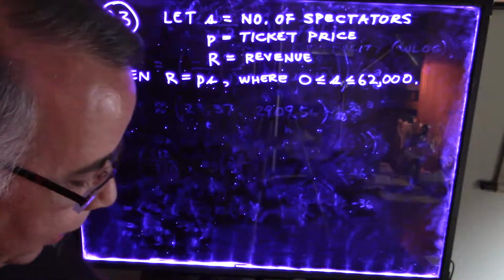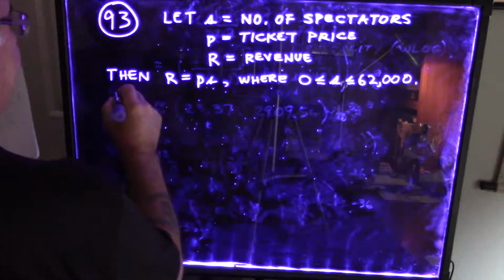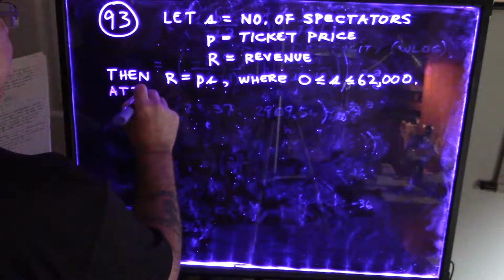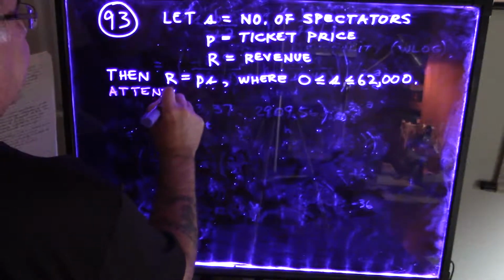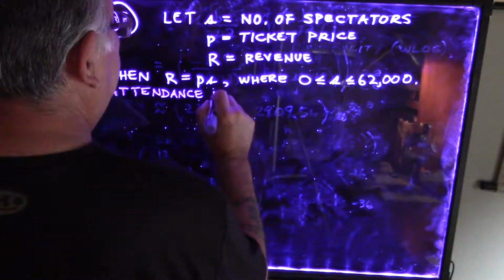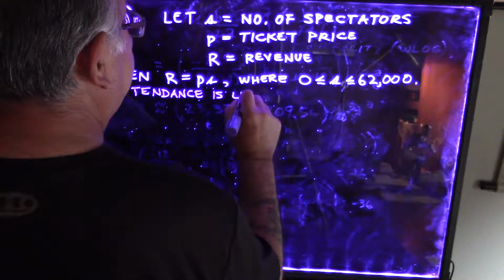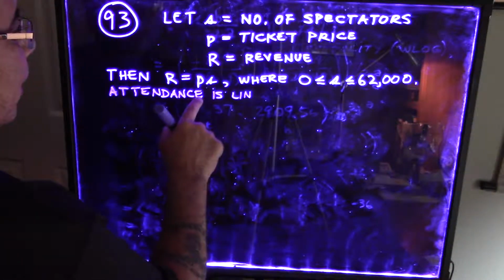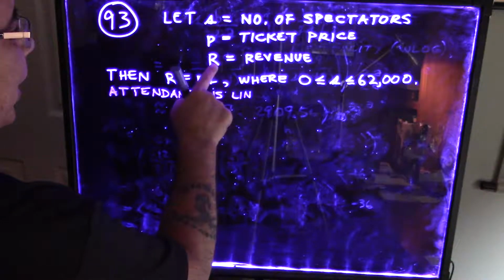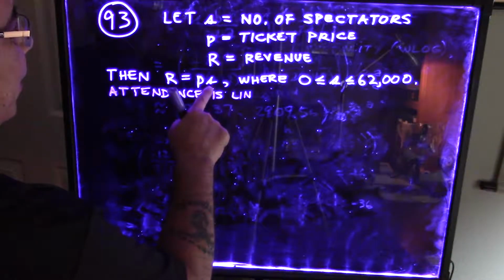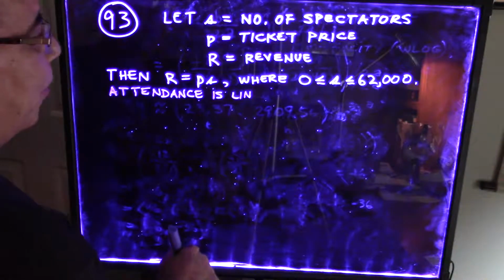Attendance is linearly related to price, we were told. Let me write that down. Attendance is linearly... Oh, by the way, before I go on, it's important to assign the variables, and even if you get to this point here, you've got half the battle won.